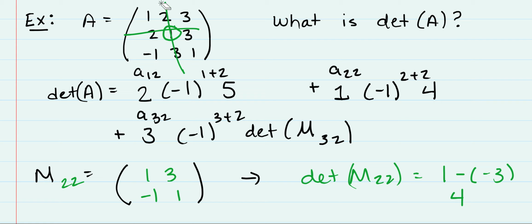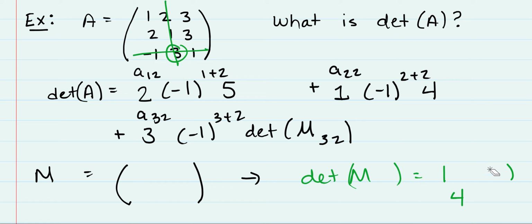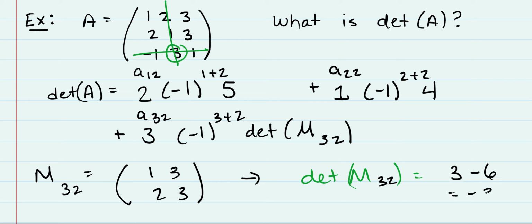And then the last one, cross out this row and this column. This is M32. So we have 1, 3, 2, 3. And we're left with 3 minus 6, which is a negative 3.